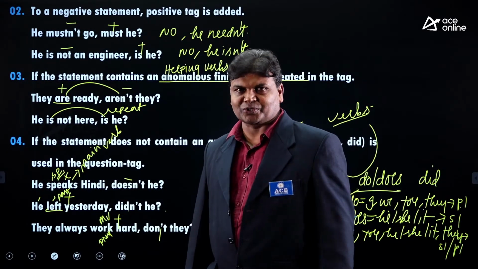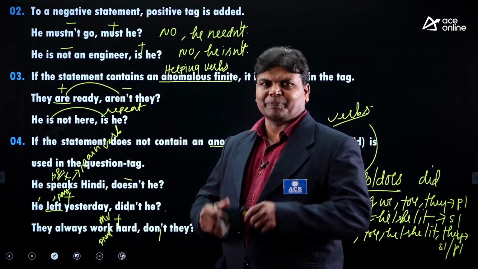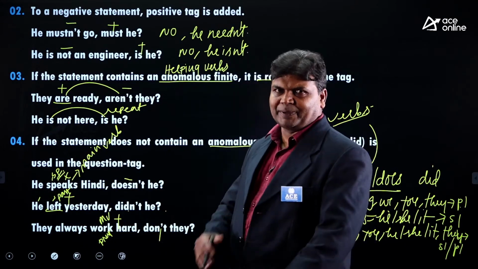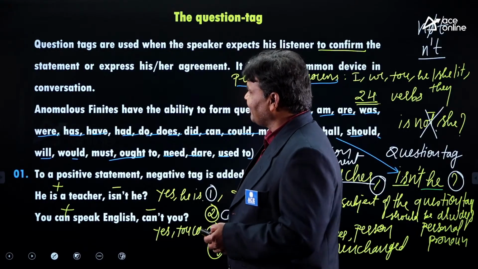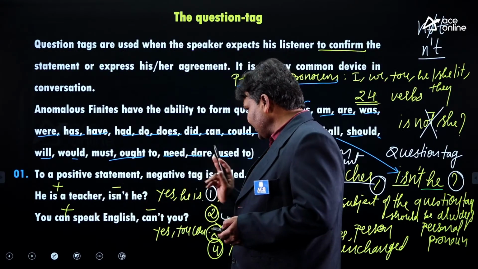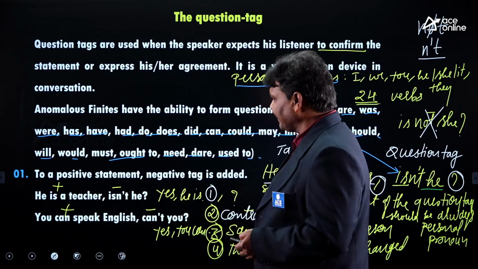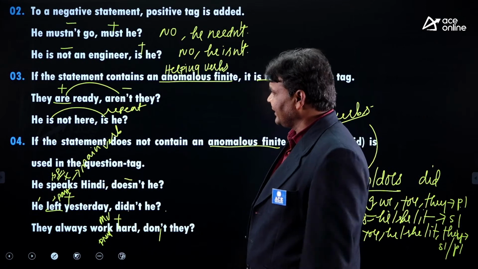If you have understood these four, question tags are going to be a piece of cake, or it's a cakewalk we call it as. Again, I just come back, students, now. So to a positive statement, a negative tag is added, okay? Then to a negative statement, a positive tag is added.